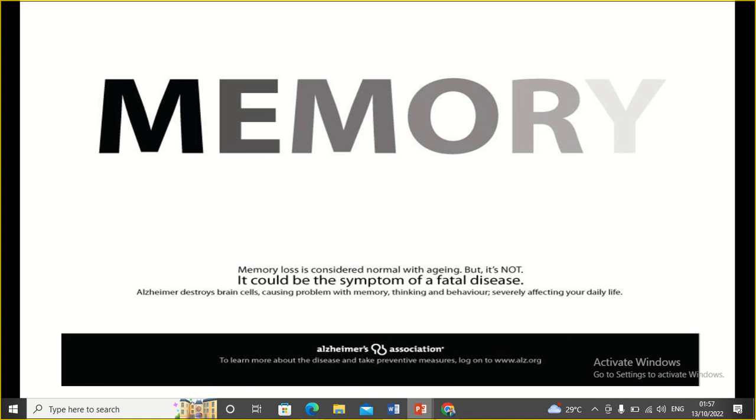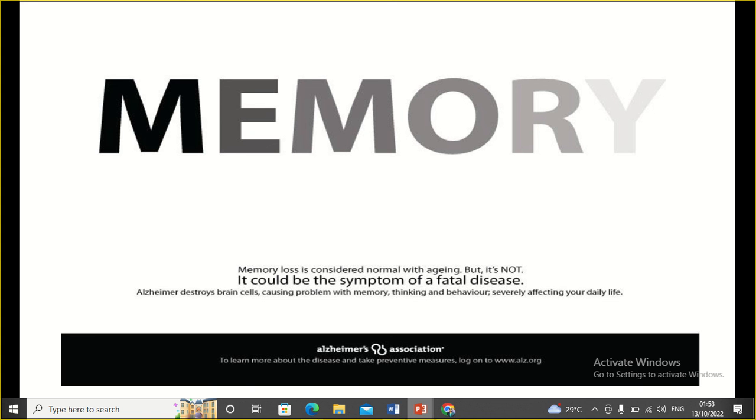From this ad you can understand that it emphasizes the word memory. It highlights memory loss. Generally memory loss is considered normal with aging, but actually it is not. It could be a symptom of a fatal disease.